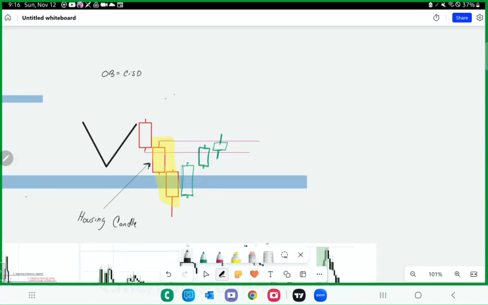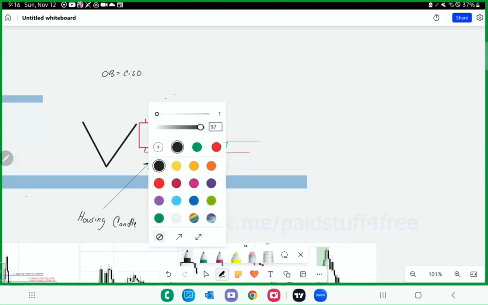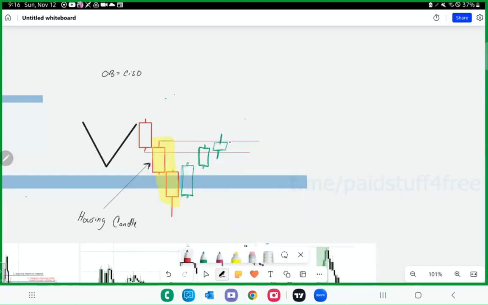How does IPDA communicate that to me? If I see a down close candle at this point, a down close candle that trades back into the order block, all right?